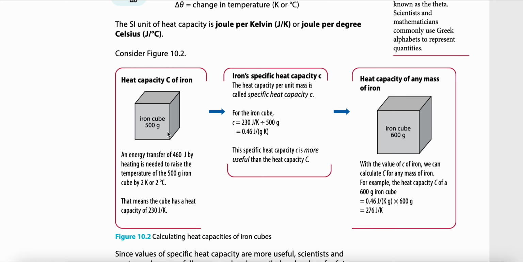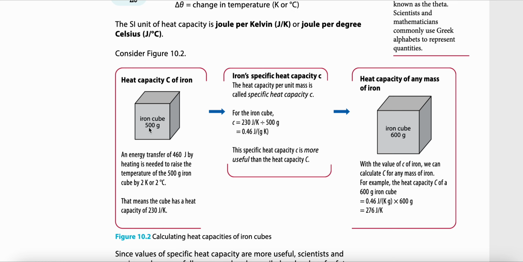Right, but you realize that, for example, if my iron cube instead of being 500 grams is 1 kg, clearly this number no longer applies because now I have to pump 230 joules into this block of iron to raise by 1 degree Celsius. Now if I have 2 blocks of iron of 500 grams each, clearly the heat capacity will have risen to 460 joules per Kelvin, right?